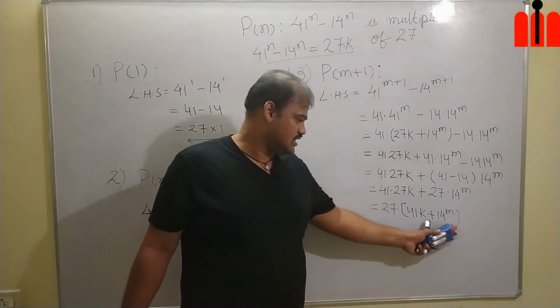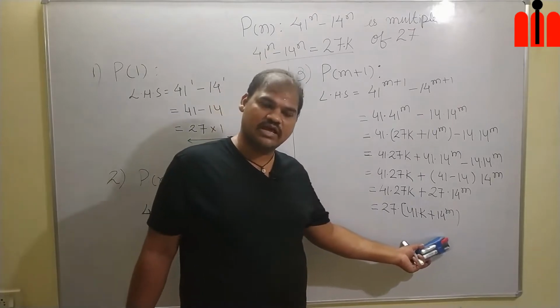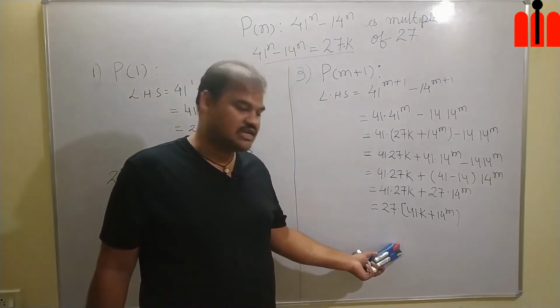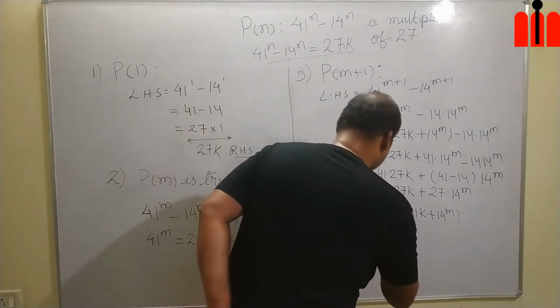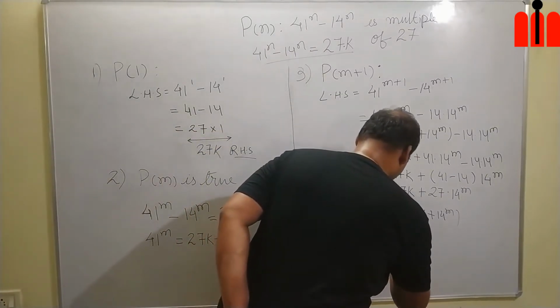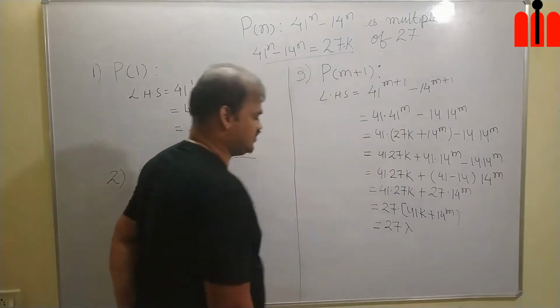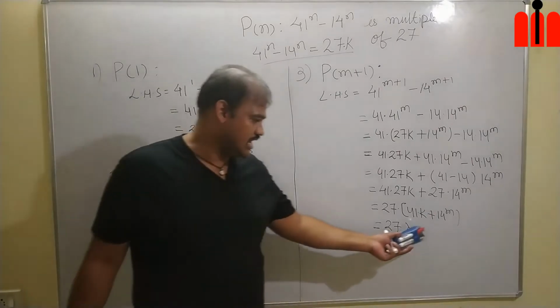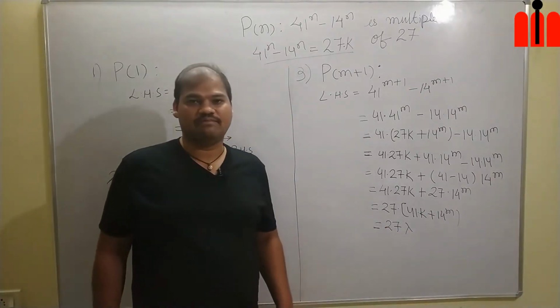This entire thing in the bracket is a natural number. Definitely it is a natural number, right? So you can write it as 27 lambda. I will denote this entire term with lambda.